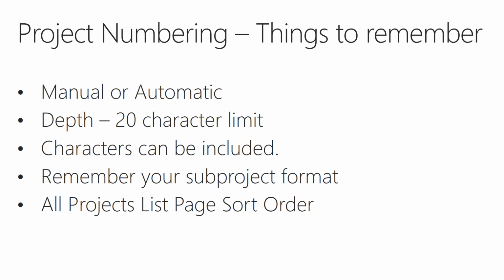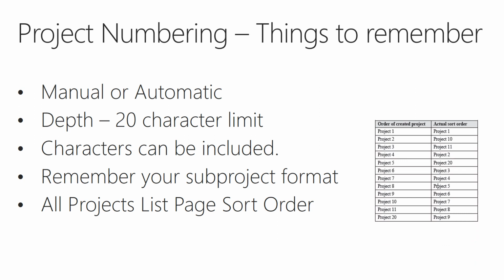And then the all projects list page sort order. So what that means is when you're actually setting up your projects, the way that it sorts the numbering is not sequential based on the number. It's alphabetic. So you can see on the left side, if you set up your project numbering to be project 1, 2, 3, 4, 5 to 20, that's the order you'd want it displayed in.